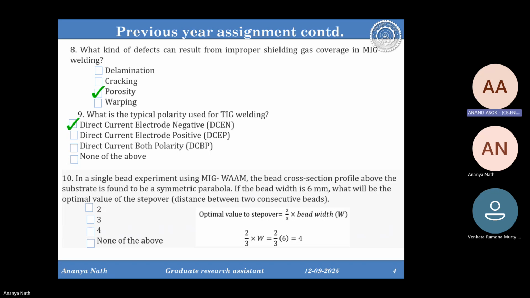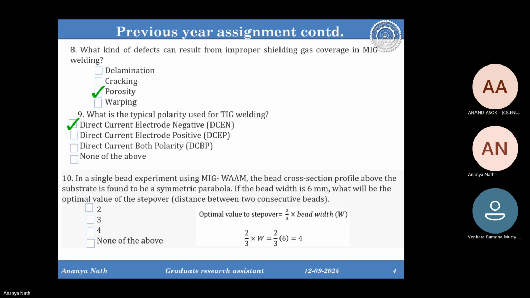And for last week's assignment, there was a question. In microcasting, the arc is generated between the MIG welding gun and the options were substrate, sacrificial electrode, tungsten electrode. So what is the answer, ma'am? I also forgot the answer. I have to check.